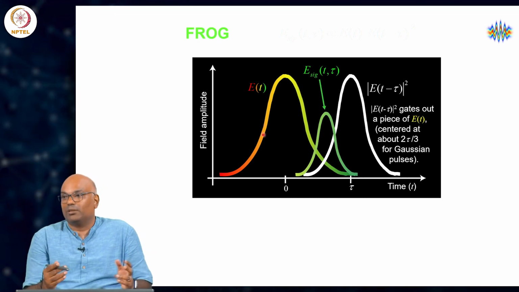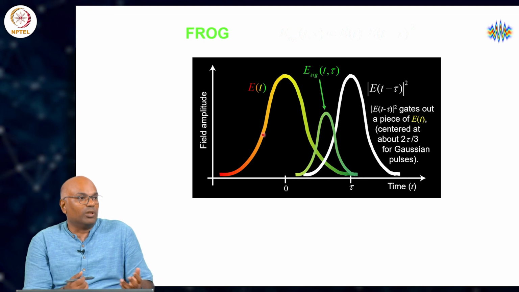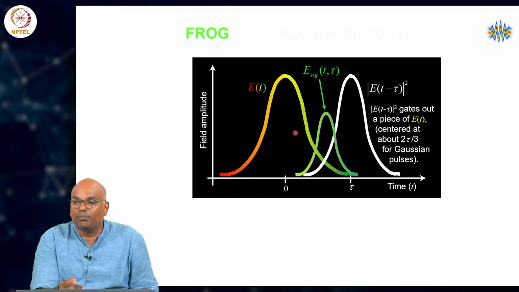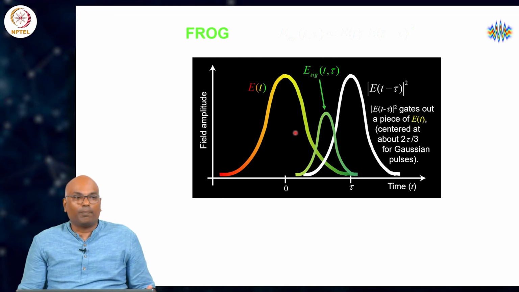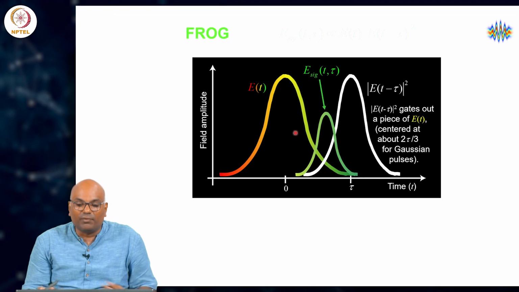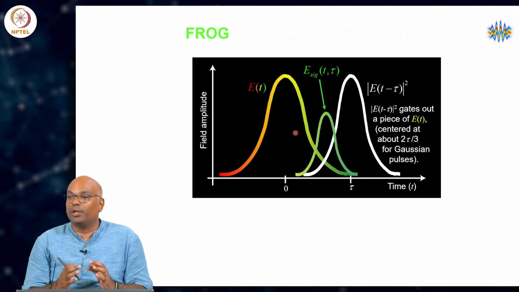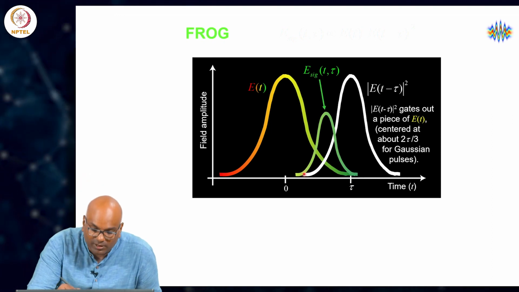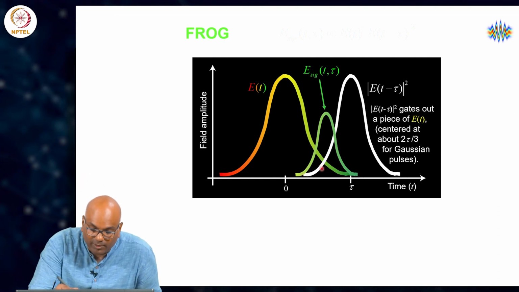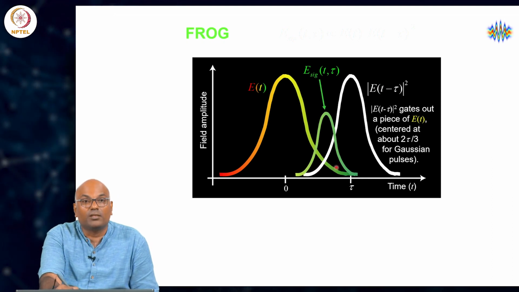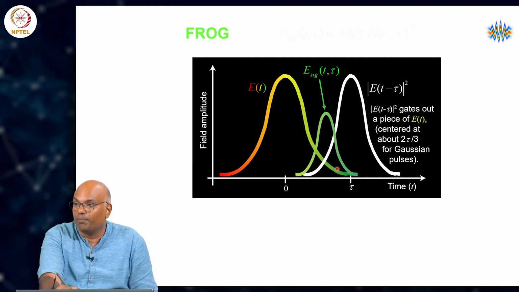It does not matter which you call the gate, which you call the pulse. They are identical copies of each other except being time delayed. So, what you call is a matter of choice, it is just that we have sketched it like this. But the key point is the signal that we are measuring arises from this overlap region where both of them have appreciable non-zero overlap, that is this window in time.